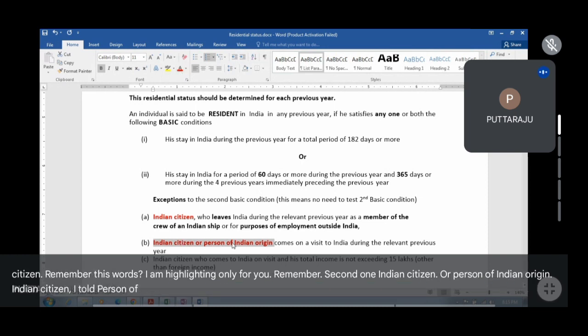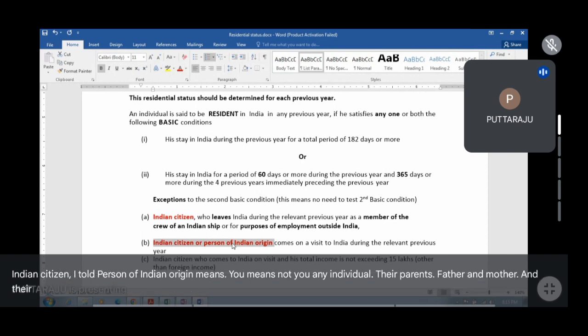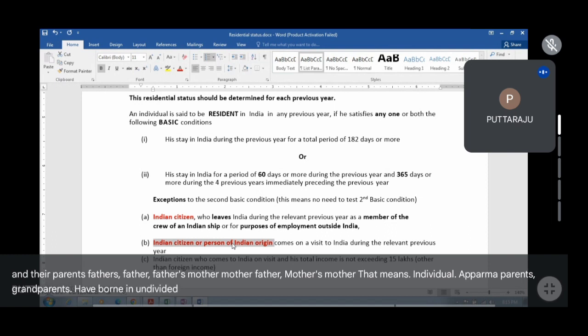Person of Indian origin means you, or any individual, their parents, father and mother, and their parents, father's father, father's mother, mother's father, mother's mother. That means the individual, parents, grandparents have been born in undivided India.